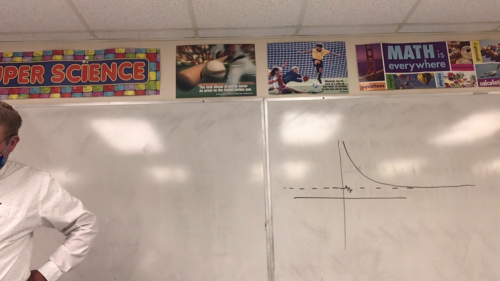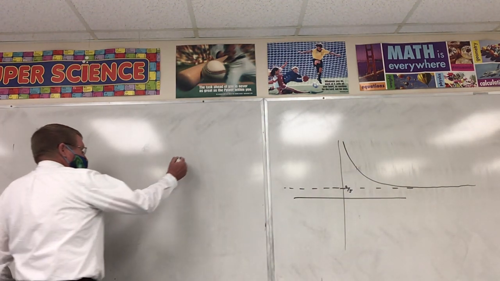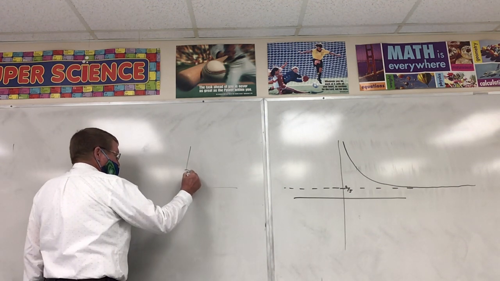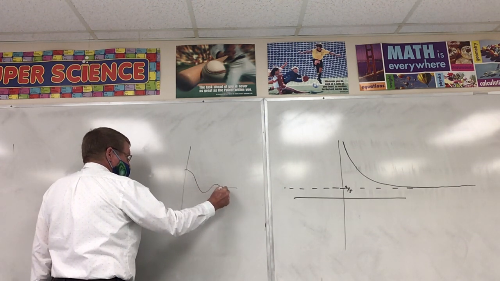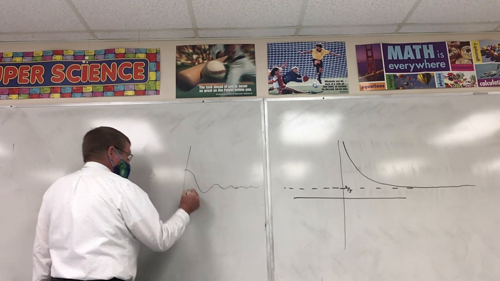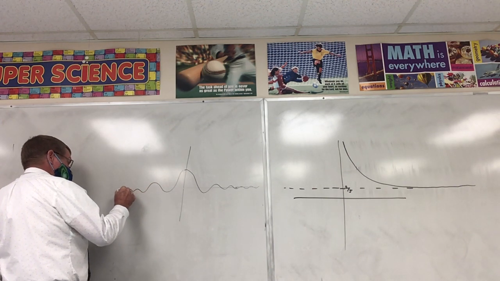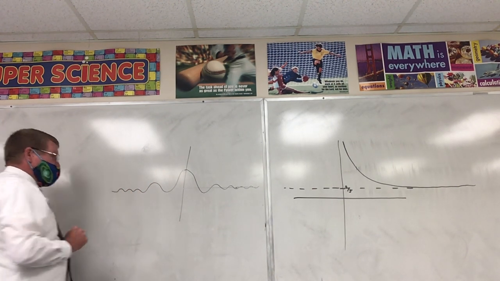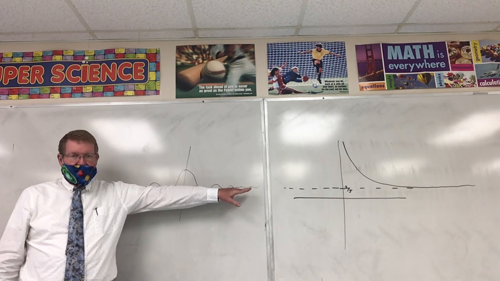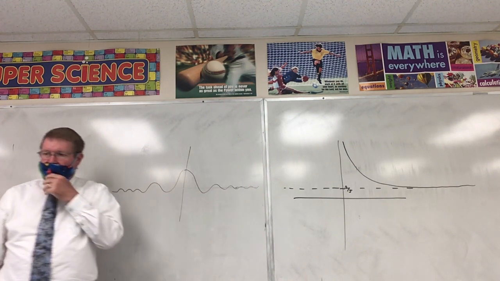Sine 2x over x. Now remember, what does sine 2x over x look like? So what's happening as I get closer and closer to infinity? The oscillations get closer and closer to 0.